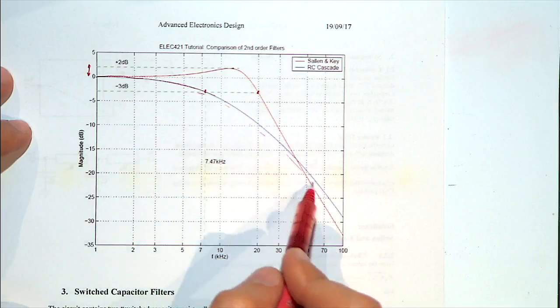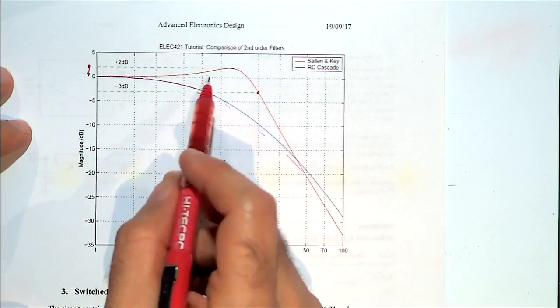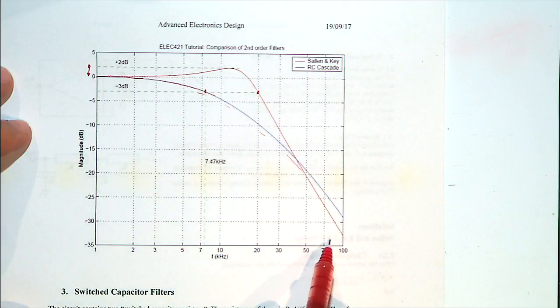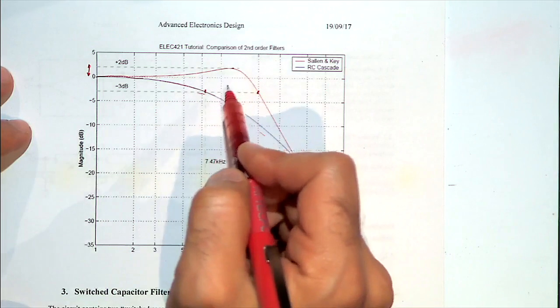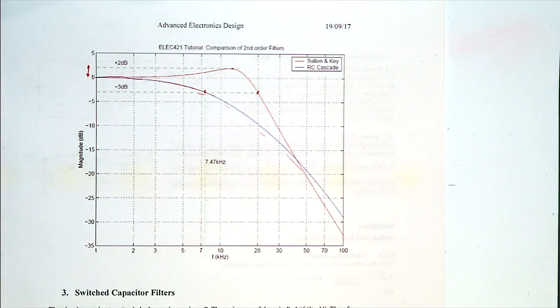So this is moving very slowly, but this is a kind of sharp, but at the expense of the ripple in the passband and then overshoot at the end of the band. Okay?